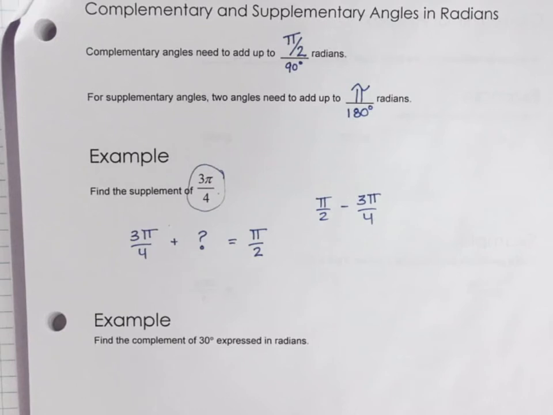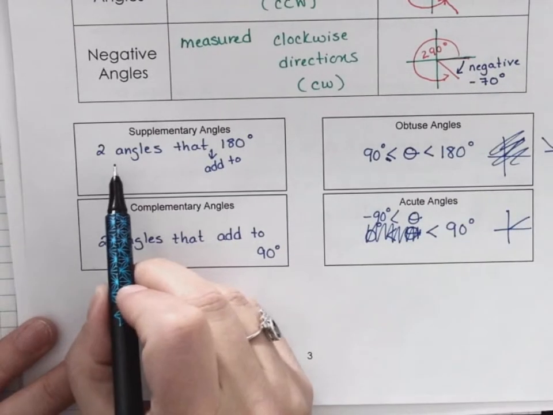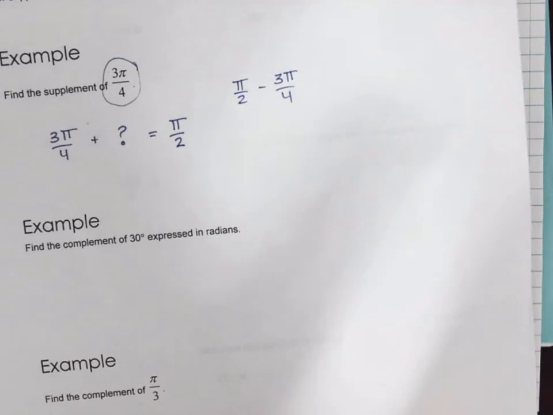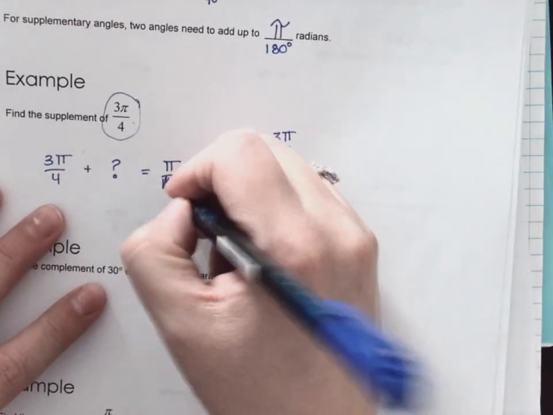Find the supplement. Remember that a supplementary angle in our definitions was two angles that add up to 180. So if I need to find the supplement, oh, well that's not pi over 2, that's pi.